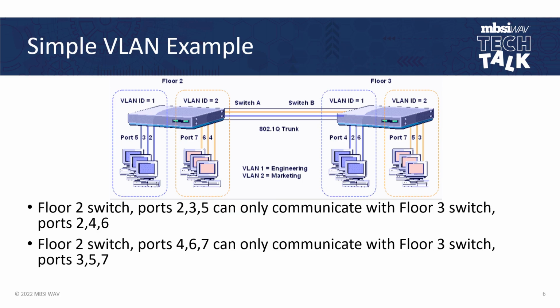In between the floors, I have a single connection between these two switches. But inside of that single connection, I want to make sure that ports 2, 3, and 5 on the floor 2 switch connect to ports 2, 4, and 6 on the third floor only. I don't want ports 7, 5, and 3 on the third floor to receive any of the traffic that's labeled in the blue VLAN.